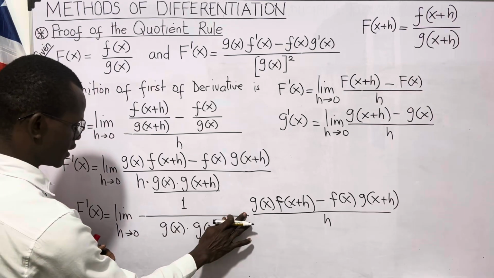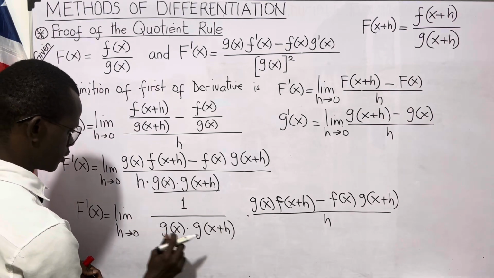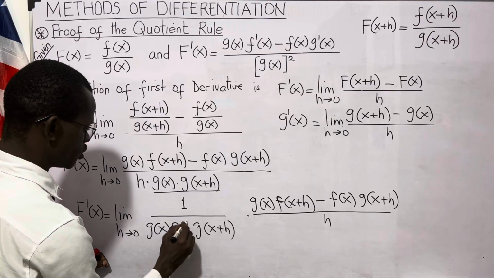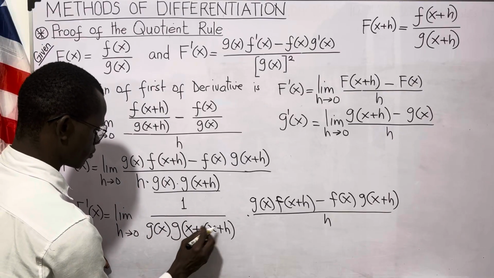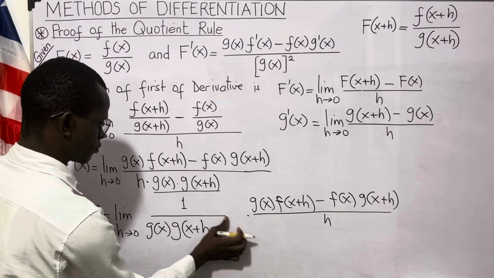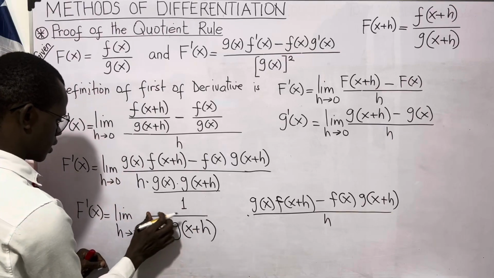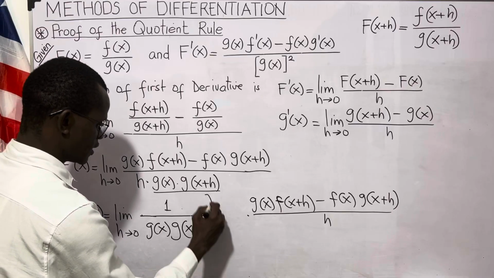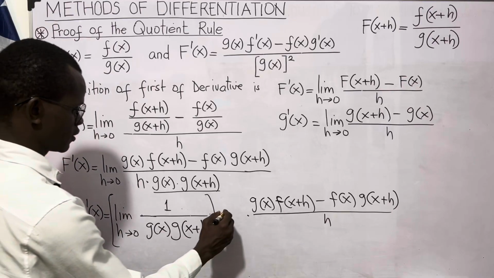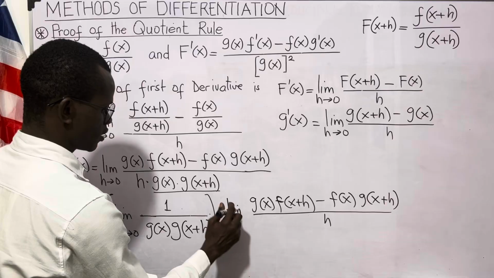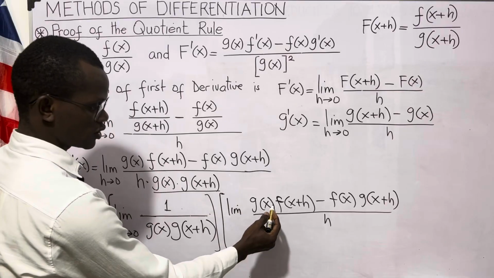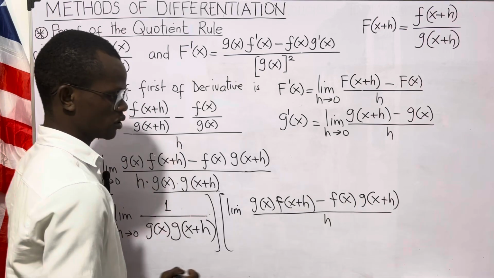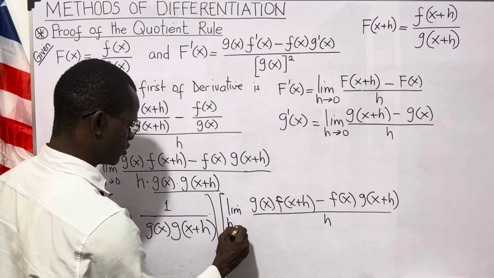So thus we can say, 1 over g of x times g of x plus h, times the limit of the second factor: the limit of g of x times f of x plus h minus f of x times g of x plus h, divided by h, as h approaches 0.